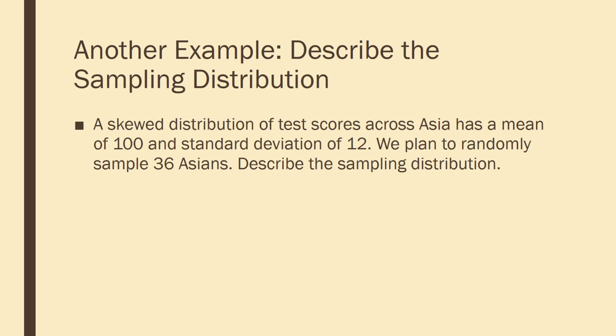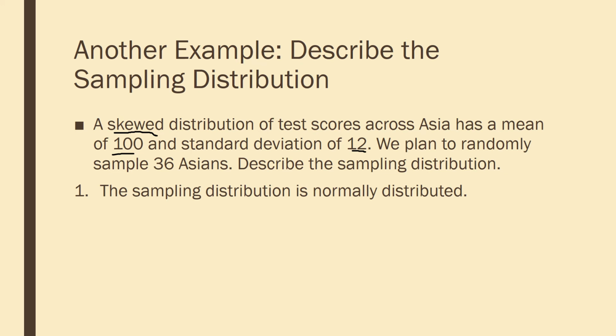So we're going to plan to take a random sample of 36 Asians, okay? So say somehow we already know these things about the population. We know that the population is skewed, and it has a population mean of 100 and a population standard deviation of 12. So this first sentence here is about the population, okay?